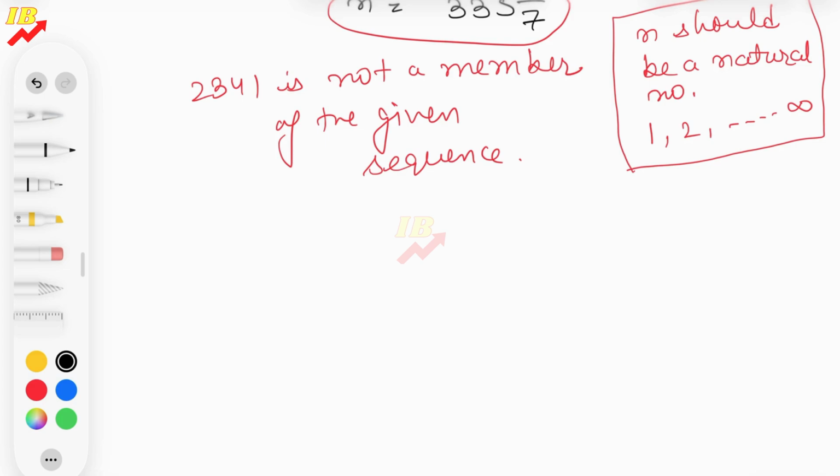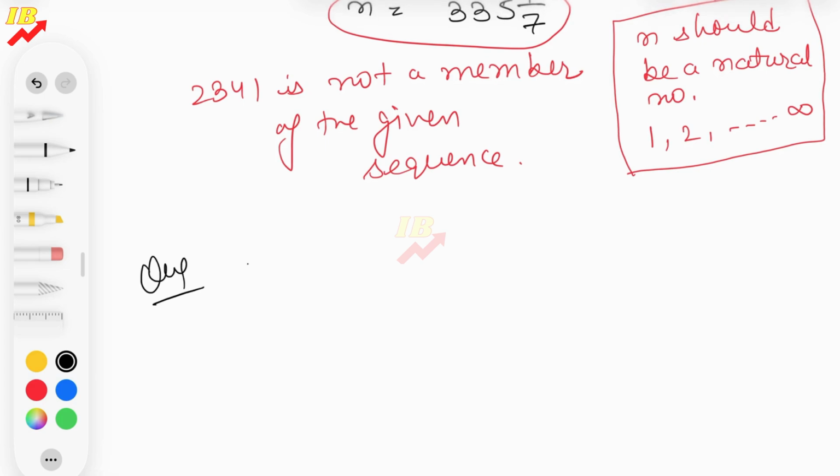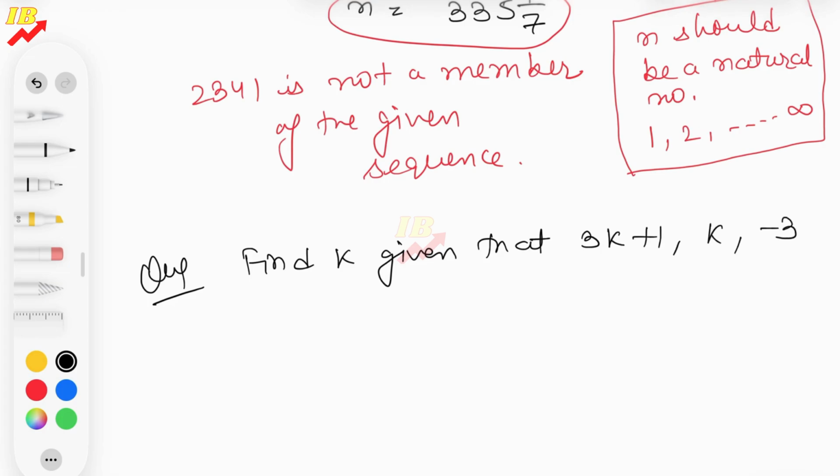Let's take a very tricky one this time. Find k given that 3k plus 1, k and negative 3 are consecutive terms of an arithmetic sequence.